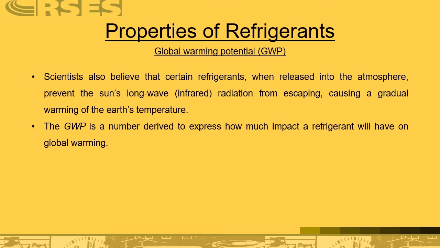Global warming potential, expressed as the term GWP. Scientists also believe that certain refrigerants, when released into the atmosphere, are preventing the sun's long-wave infrared radiation from escaping, causing a gradual warming of the Earth's temperature. I don't think we need to argue about that. The GWP is a number derived to express how much impact the refrigerant will have on global warming.